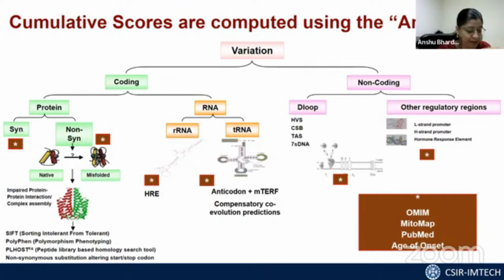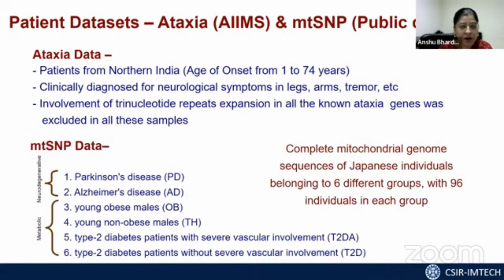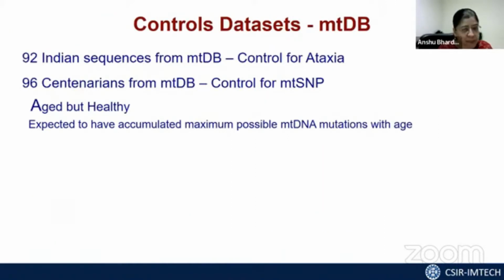It's very interesting. And once we did that and the pipeline was ready, we applied it on patient data sets, which are ataxia and MIT-SNP, and we applied it on almost 600 individuals, which included both metabolic as well as neurodegenerative cases. For normal sequences, we use the context-dependent normal.